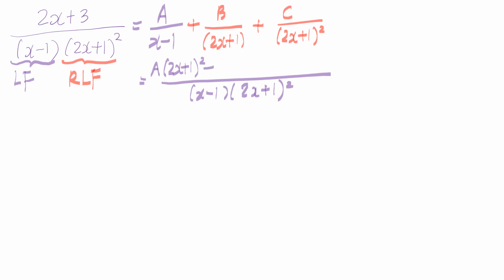Then you cover up one of your 2x plus 1, so you're going to multiply b with x minus 1 and 2x plus 1. Then you cover up your repeated linear factor, you multiply c with x minus 1. Right, so we're going to compare the numerator.